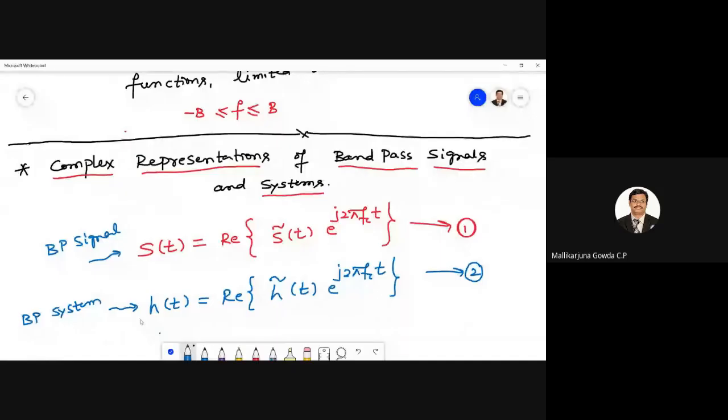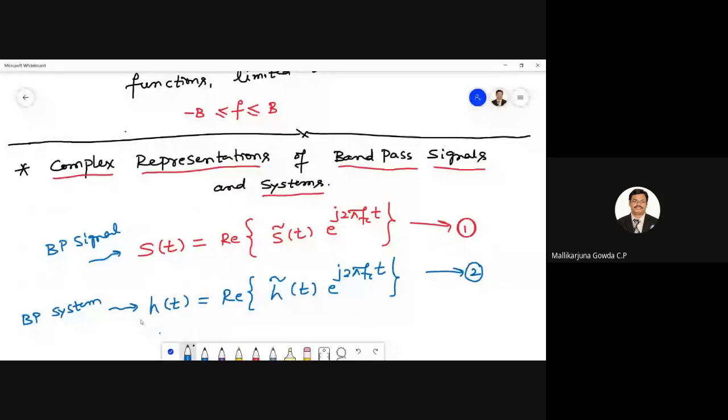We are considering only the real parts. There is an exponential factor. Hope you could observe the exponential factor in both equation 1 and equation 2. The presence of this exponential factor complicates the analysis of the bandpass system driven by the bandpass signal.